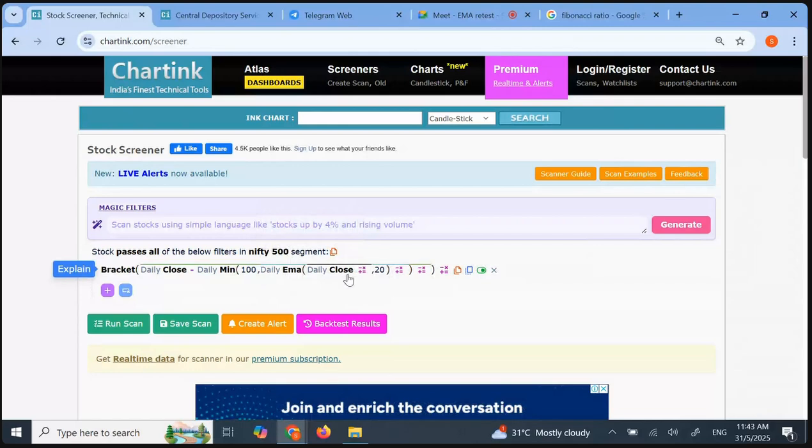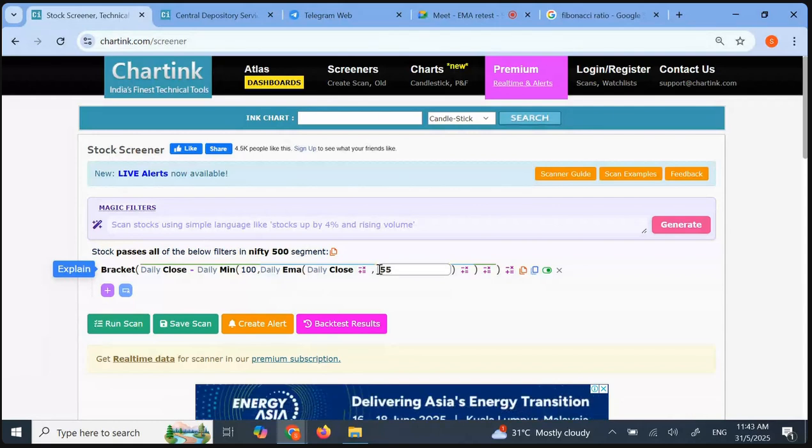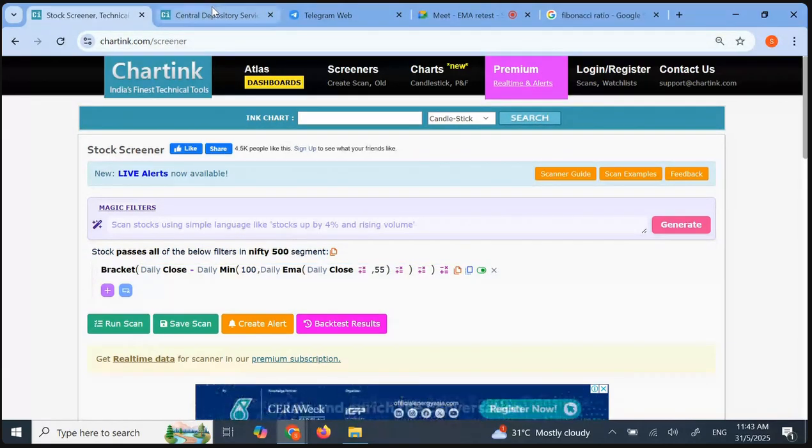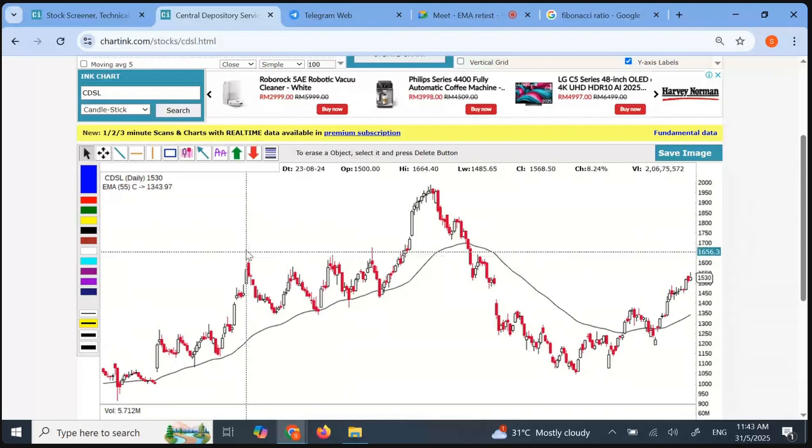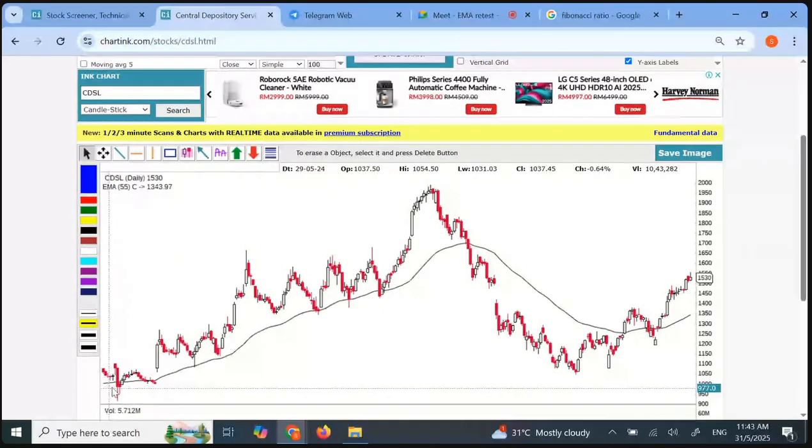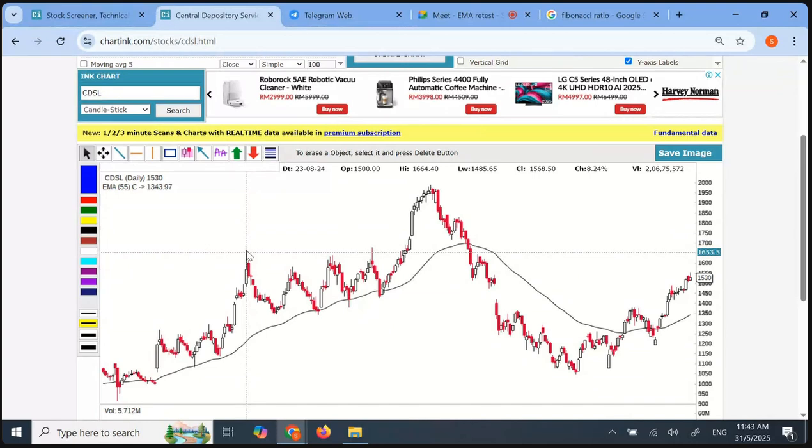We are going to take the EMA of close, but we are going to take the 55-day EMA. Basically what I'm trying to do is from this point subtract the minimum EMA. Maybe at this point, this is the minimum EMA, around 1000 rupees, and the stock has moved until 1065, like 65%.